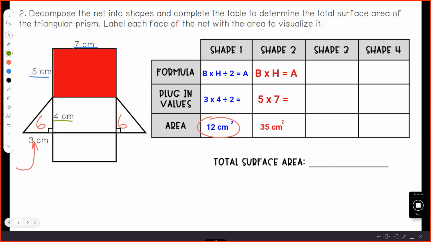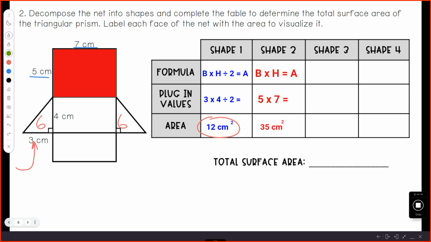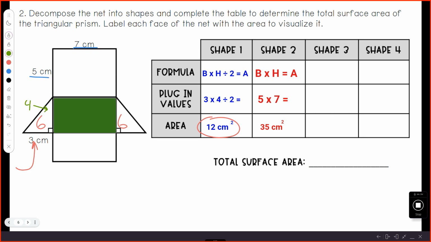So we're going to move to the next rectangle, and the measurements of that rectangle are 4 and 7, because this 7 up here is the same as this side. So our measurements are 7 and 4, and that means that that green rectangle is 28 centimeters squared.